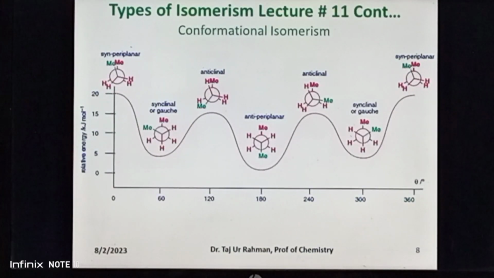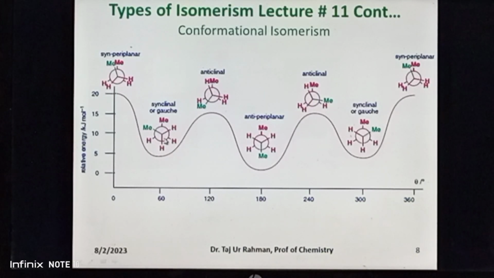Now the order of stability based on the energy difference in kilojoule per mole for these conformers of butane can be written as: the fully eclipsed conformer is highly unstable with 20 to 25 kilojoule per mole energy barrier. The partially eclipsed conformers are the second most unstable conformers with 14 to 15.1 kilojoule per mole energy barrier.